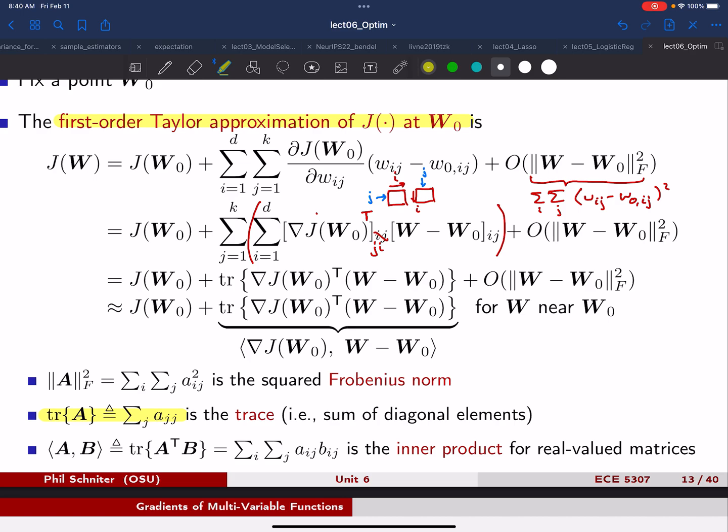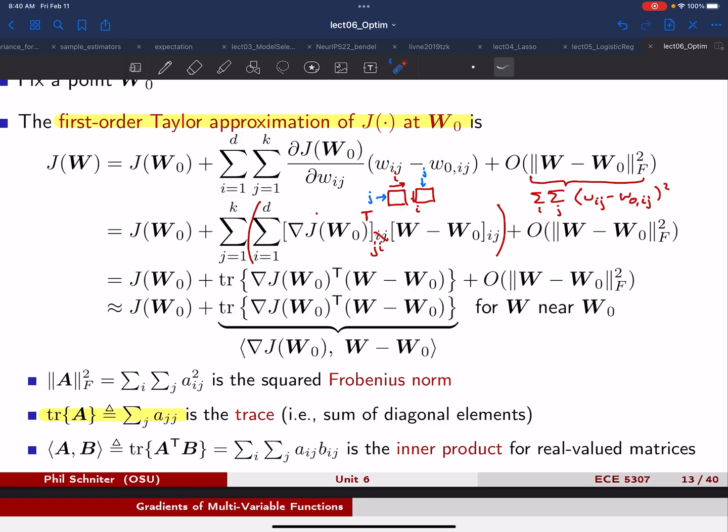So essentially what we figured out is that this whole thing is the trace of the first matrix transposed times the second. Okay, any questions on that last part? Okay, a little bit of gymnastics there to see that.